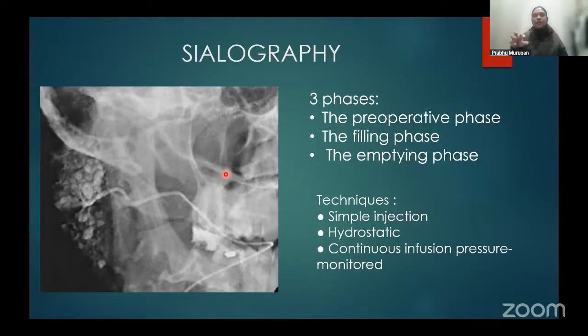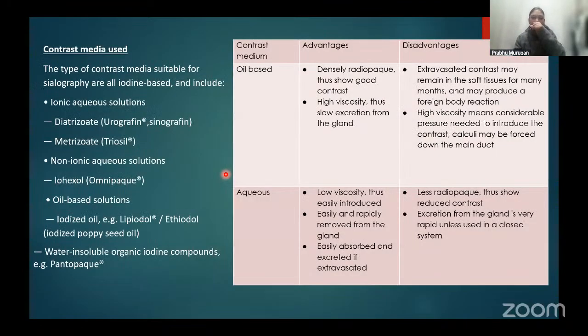It is something like an external device that uses water and then will be injecting the dye. Continuous infusion is something externally programmed. Continuous infusion will be continuously infusing the dye, and the pressure of the injection is going to be monitored. That is why it is continuous infusion pressure monitor. So these are the three techniques in which the dye will be injected. The three phases are pre-operative, filling, and the emptying phase.